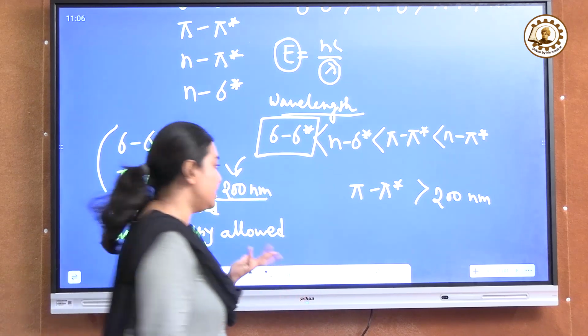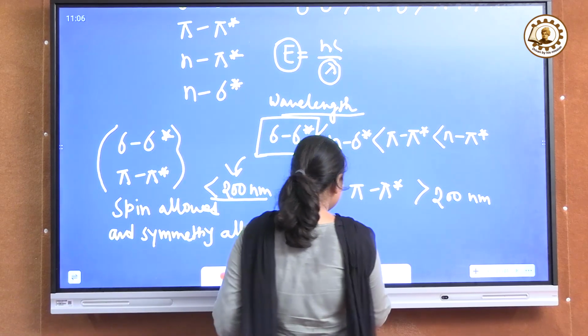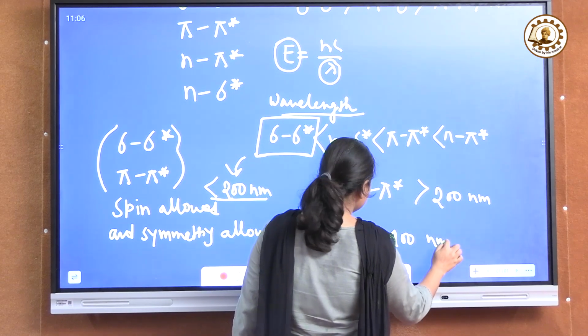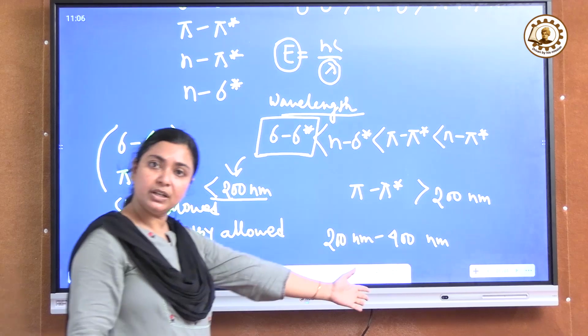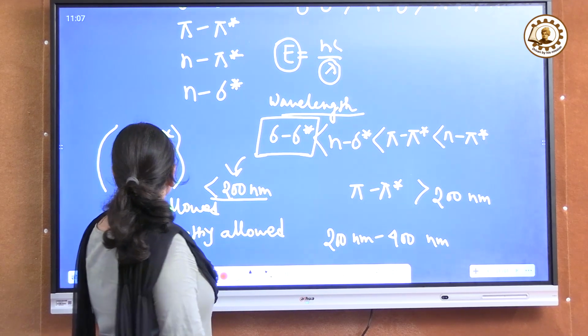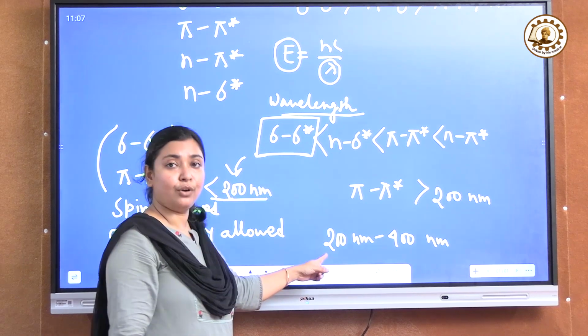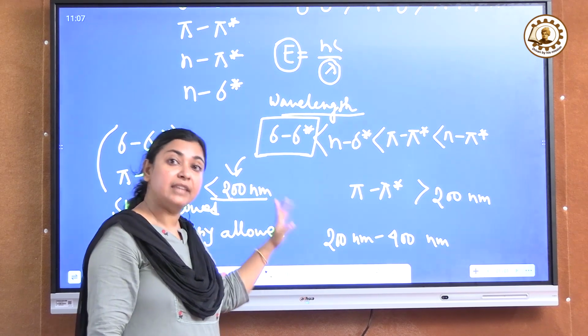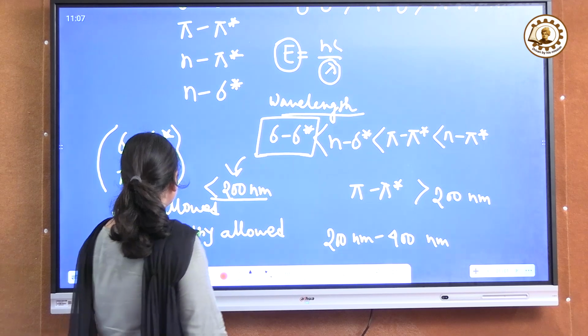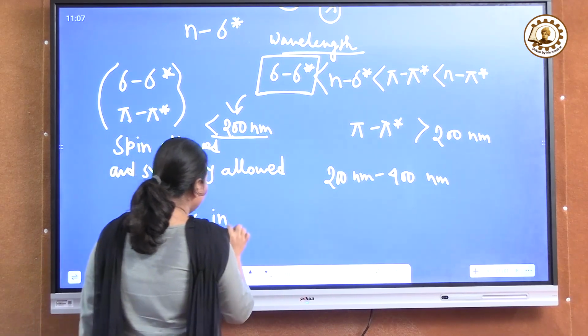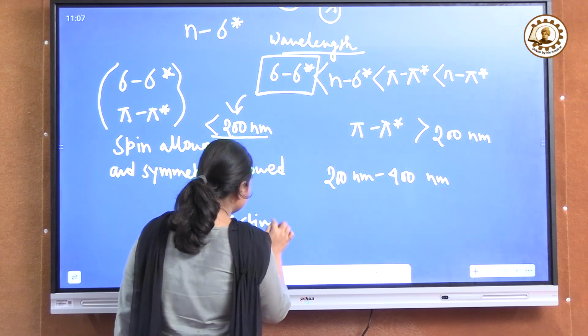But the UV region starts from 200 nanometer to 400 nanometer. So from this we can see that sigma sigma star doesn't fall under the UV region. That is why sigma sigma star is a UV inactive transition.